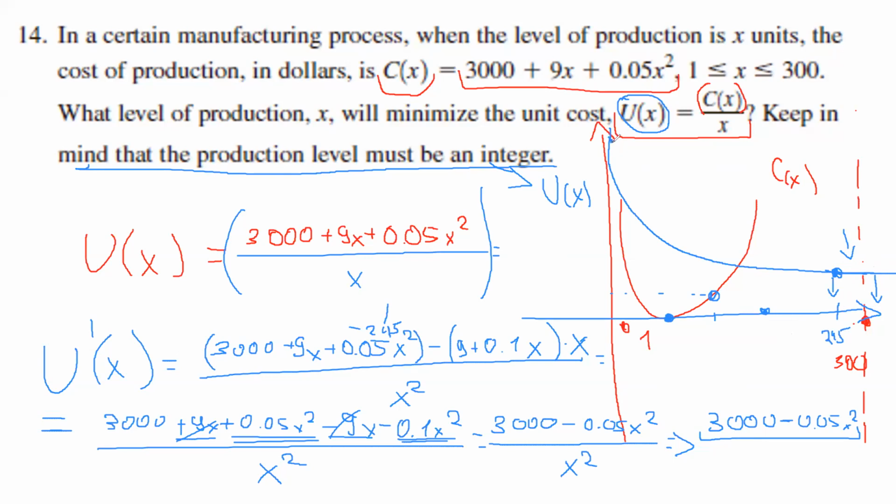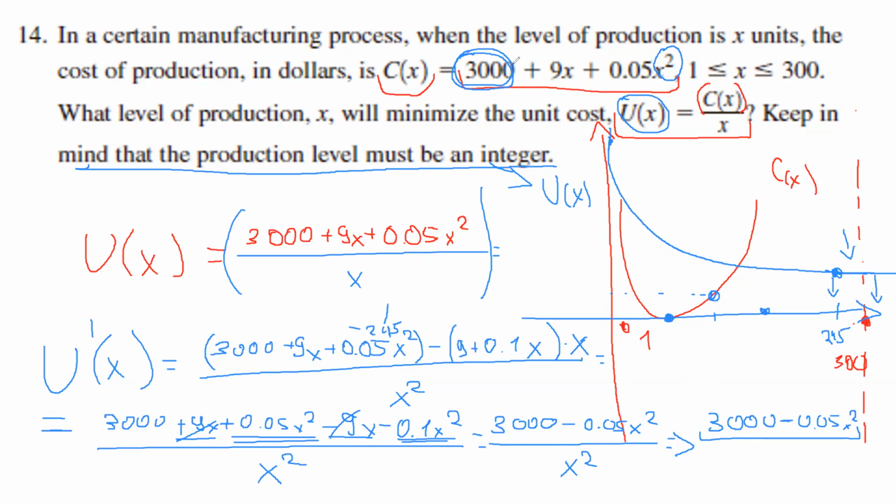You see, at the beginning, if we produce only one piece, our unit cost is ridiculous, super high, right? The more units we produce, the more x is becoming, the more impact it has on this price. Because before x turns into a significant amount, 3,000 is going to be the decisive aspect here.